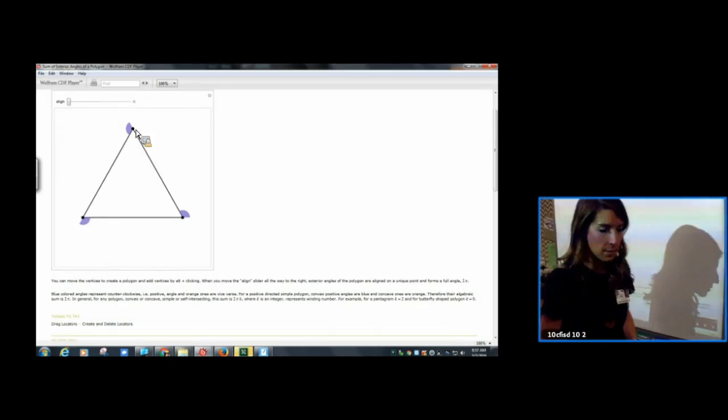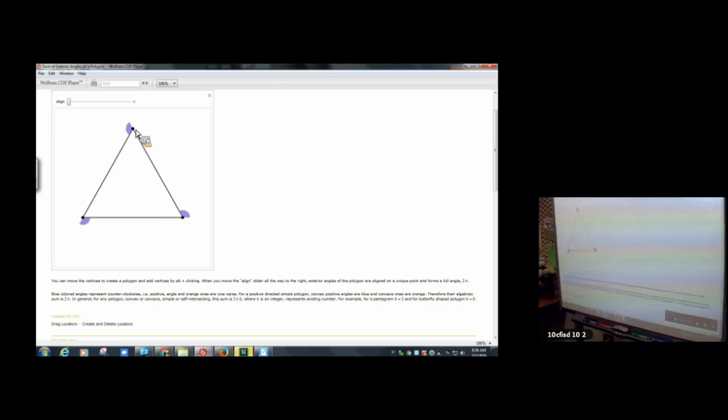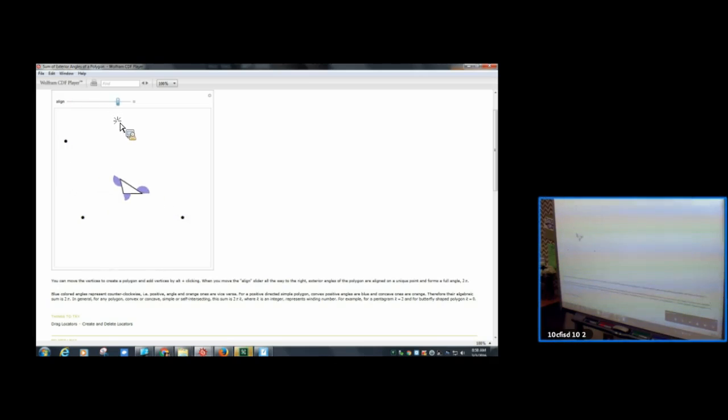I'm going to have to go sit at my computer and use the mouse because it's more precise than me touching the smartboard. I can move the vertex and make it not an equilateral triangle. And look at this, wait for it. Whoa. Even though those angles are different measures, they still add up to 360. Okay, so that's for a triangle.